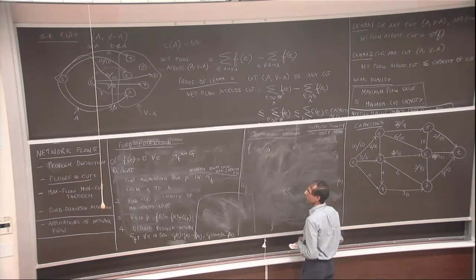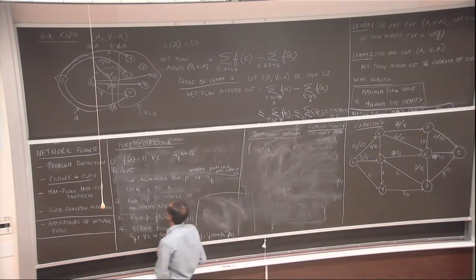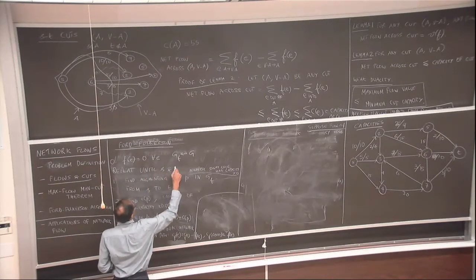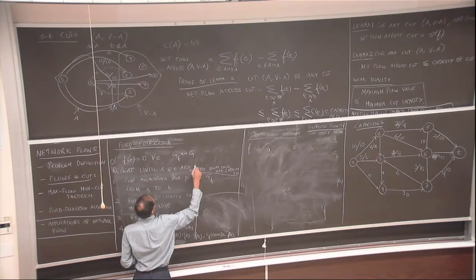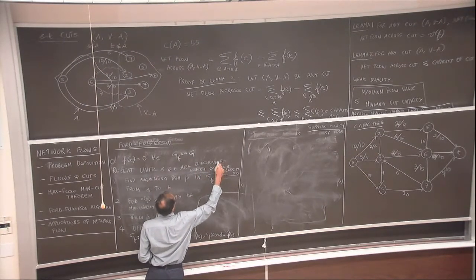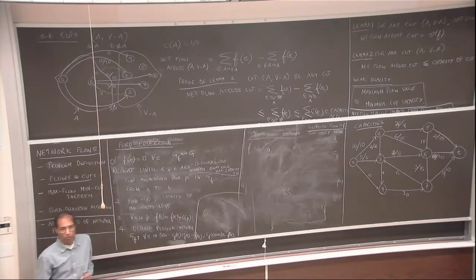So you keep repeating until S and T get disconnected in the residual network. So you cannot send any more flow. At that time you stop.